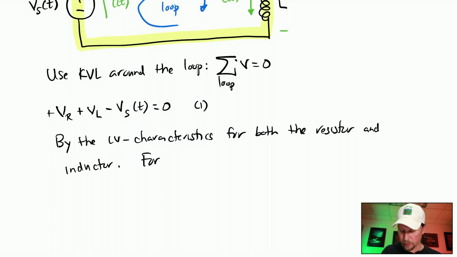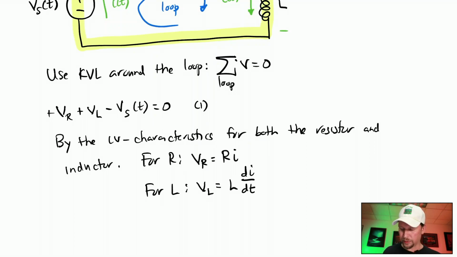So we know that for a resistor, the voltage across the resistor is related to the current times the resistance through Ohm's law, like this, while for the inductor, the voltage across the inductor is the inductance times the time rate of change of the current.